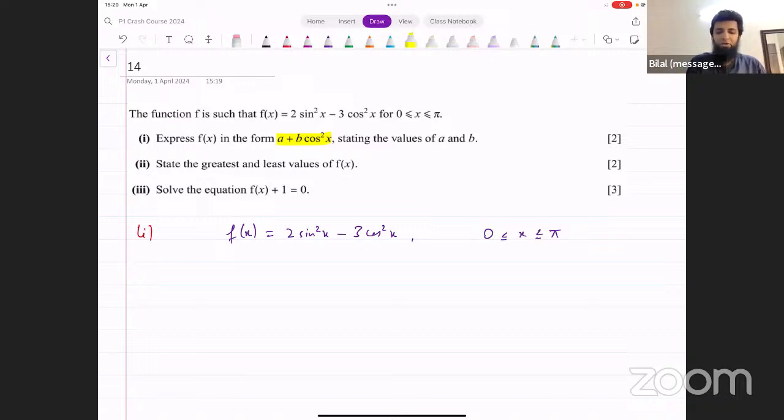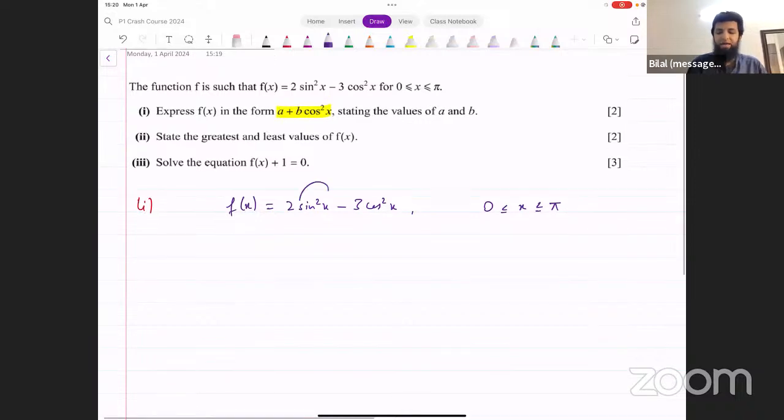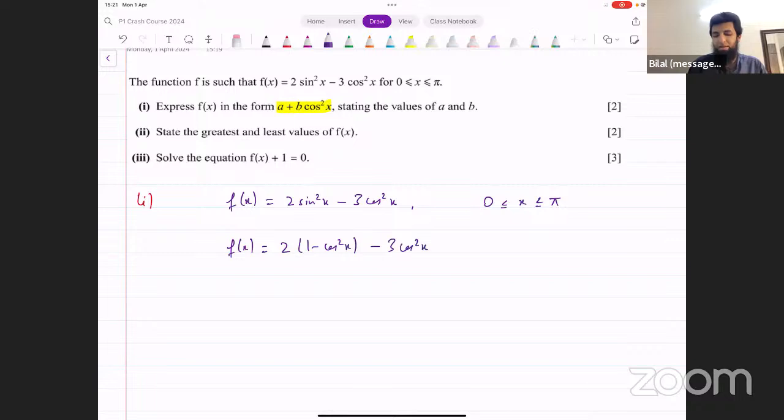So first of all, you need to convert this function to only in terms of cos squared. Now, how can we do that? We have sine squared here. We can use sine square equals 1 minus cos squared to convert this. What does that give you? f of x equals 2 into 1 minus cos square x minus 3 cos square x.